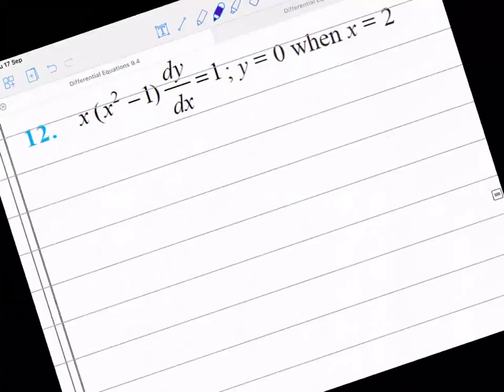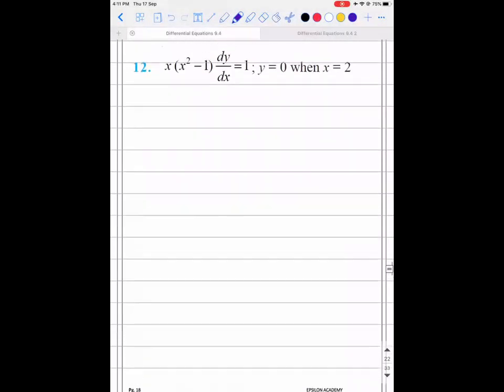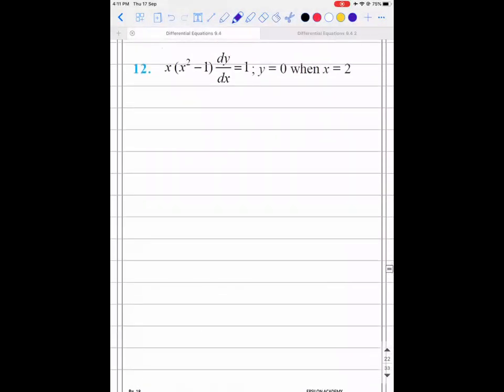So x into x square minus 1 into dy by dx is equal to 1. y is equal to 0 when x is equal to 2. So again, if you observe, this whole thing is a function of x. So dy will be equal to dx divided by x into x square minus 1. This also has to be solved using partial fractions only.